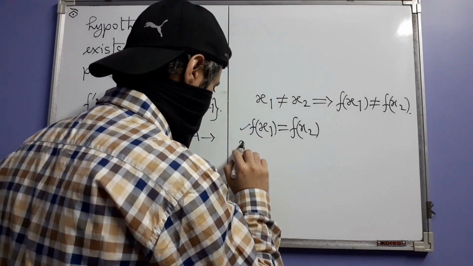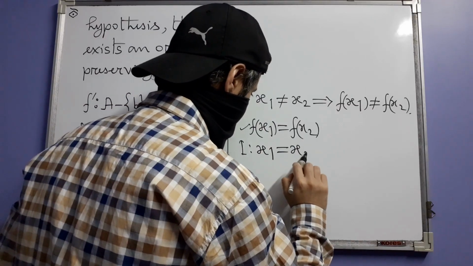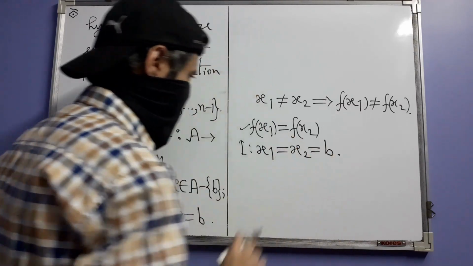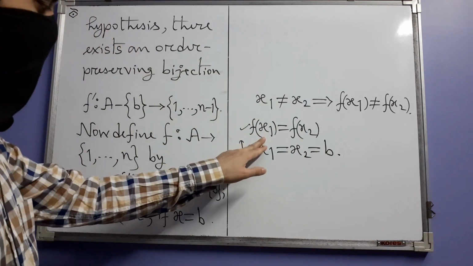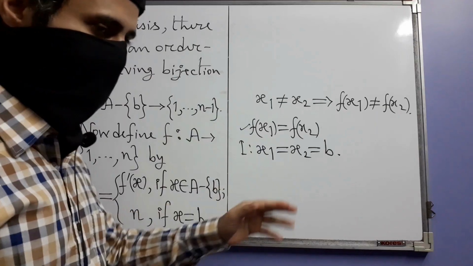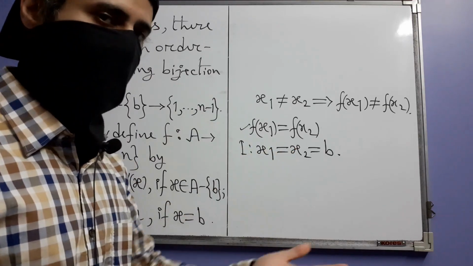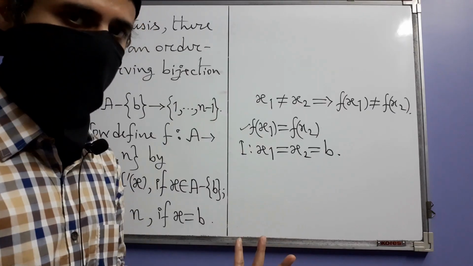That is one case. In this case, on this side you have n, on that side also you have n. But in this case there is actually nothing to do at all, because your aim was to show that x1 is equal to x2 and that you are getting anyway.